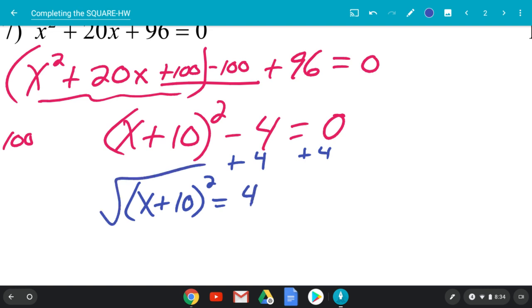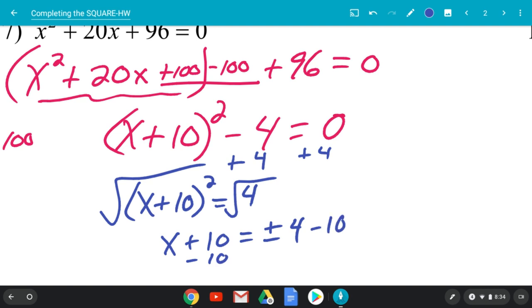Take the square root of both sides. So x plus 10 equals a positive or a negative 4. Minus 10, minus 10. So x equals 4 minus 10, which is a negative 6. Negative 4 minus 10 is a negative 14.